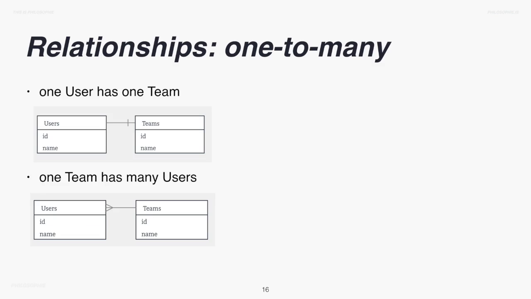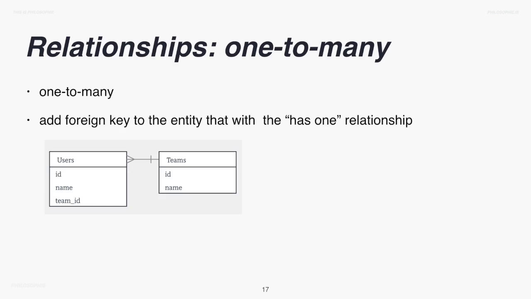And this is much more common, where one user only has one team, but a team has many users. So how do you represent that in the database? To do that, you would add the team ID to users, and that's how it relates to teams.